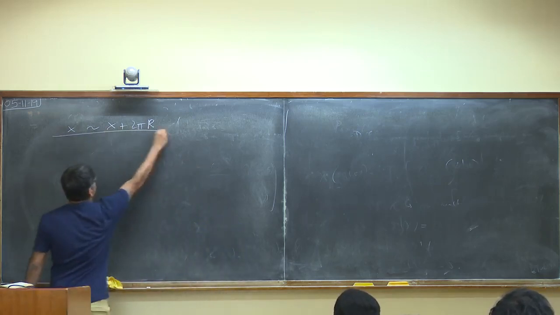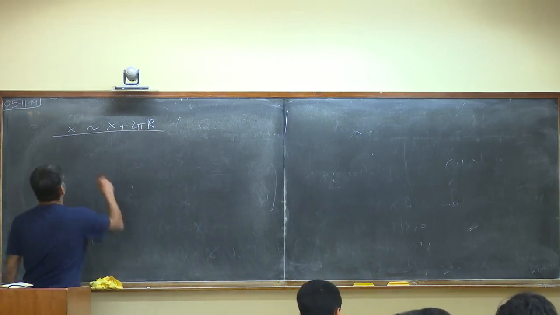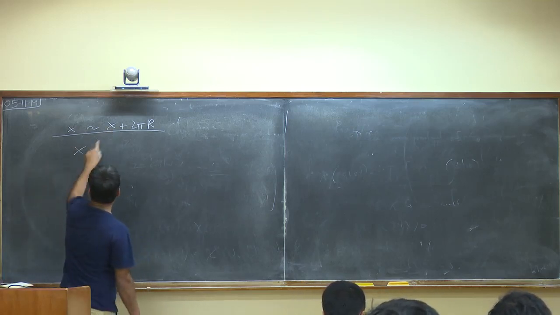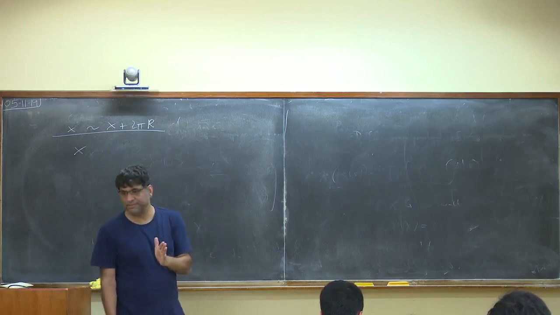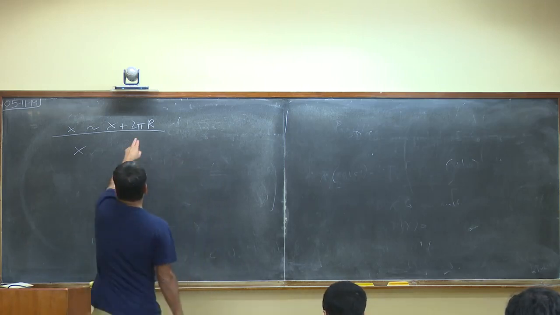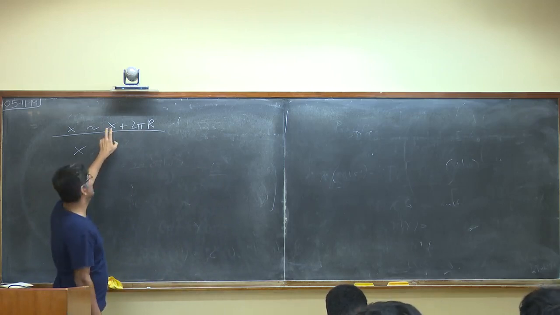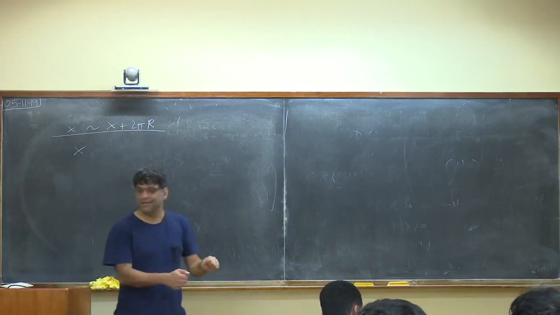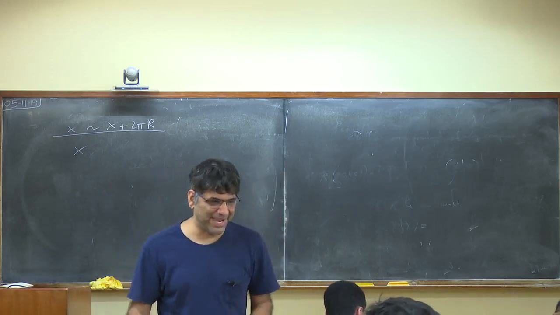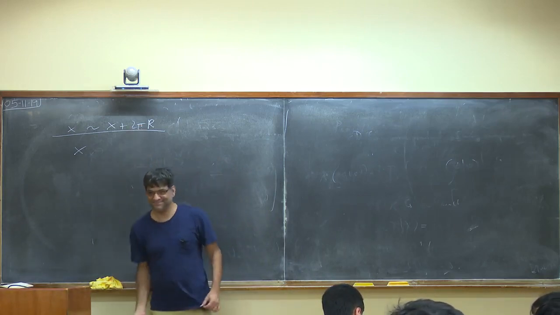Let's remember how this impacts the mode expansion of X. First notice that in the mode expansion for X, we had the zero mode and the oscillators. This part here is purely a statement about the zero mode, because if you expand X in zero mode plus cosine or sine of sigma, this clearly is about the part independent of sigma.